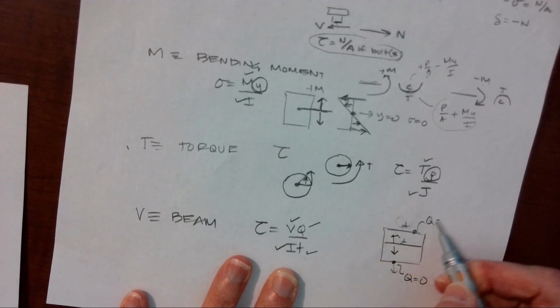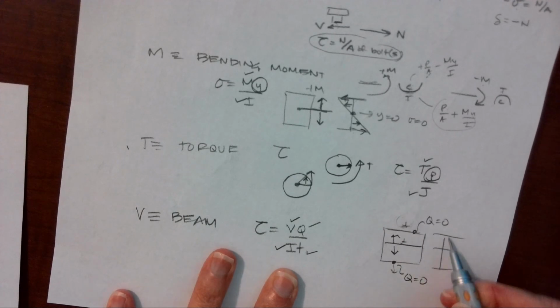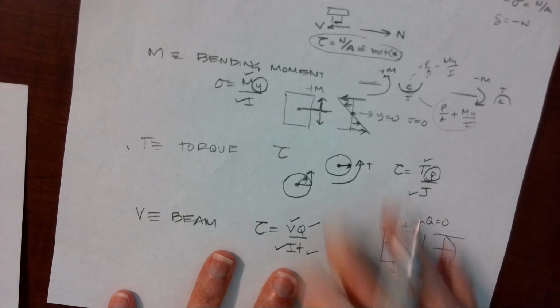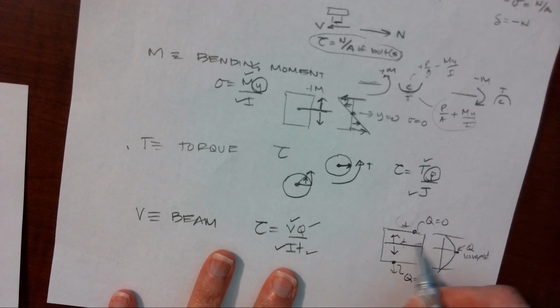Q equals 0. We find that the maximum shear stress is now at the center. So it's different than all of the other stresses that we've done. This is where I'm going to have the max, right here, because here is where Q is the largest. I have the most area beyond that fiber.